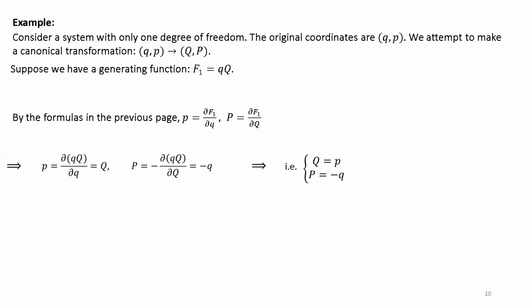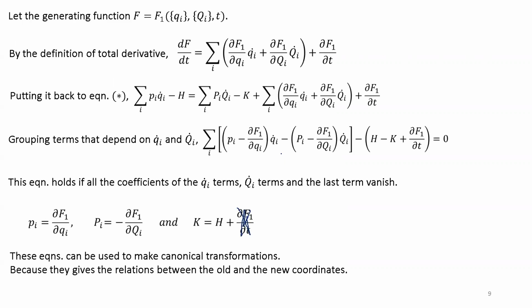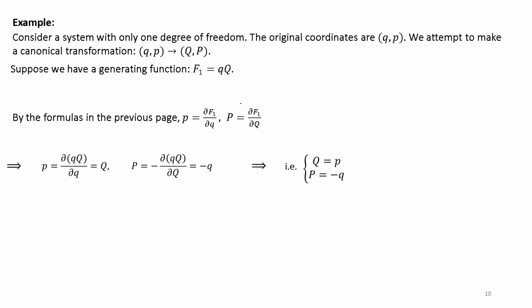Now, what is the relation between the old coordinate and the new coordinate? Just using the formula from the previous page, maybe missing a minus sign here. Small p equals partial F1 partial small q.